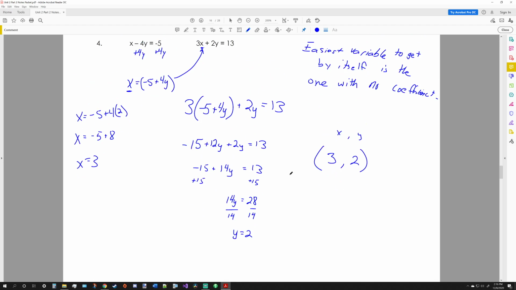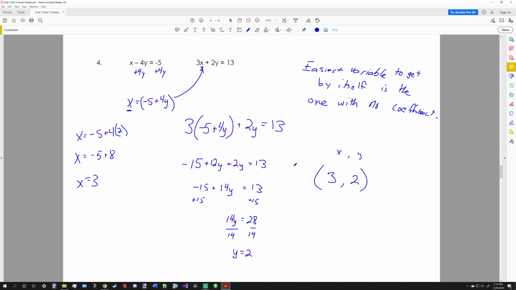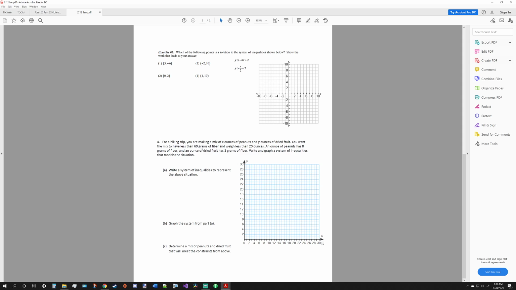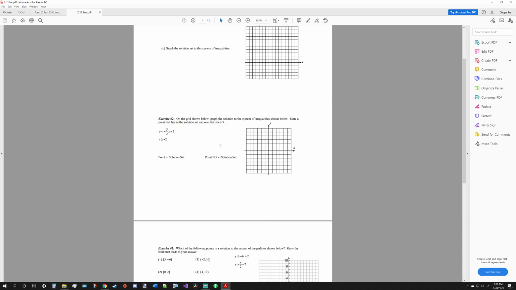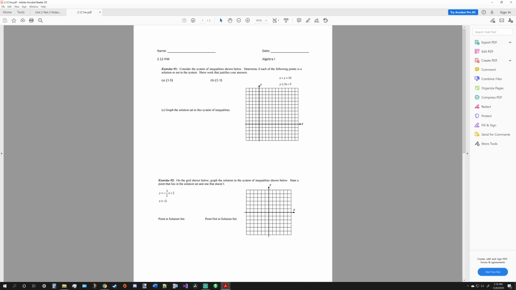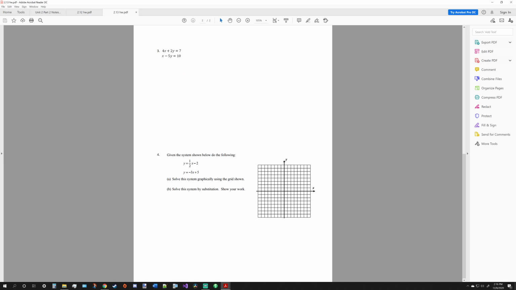And so for the rest of class, you guys can start working on your homework assignment. So 2.13, 2.13 is, or oh wait, I'm sorry, hold on. 2.12, I believe. Nope, I was right. 2.13.